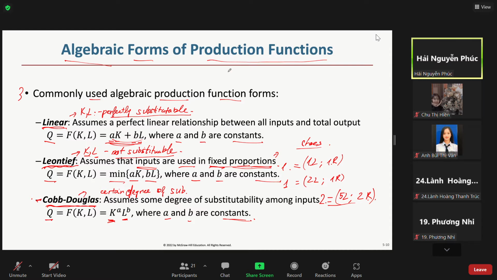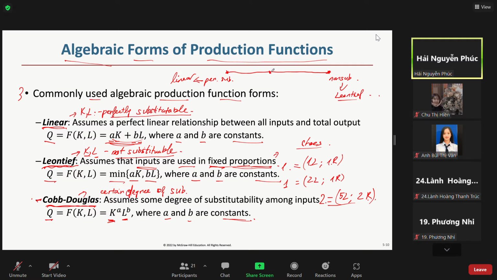I mean the following. We have the two extremes. One extreme is perfect substitutability. The second extreme is non-substitutability of the inputs. And here is the linear function, and here is the Leontief function. The Cobb-Douglas function is somewhere between.